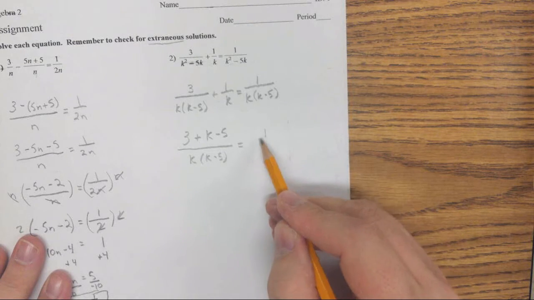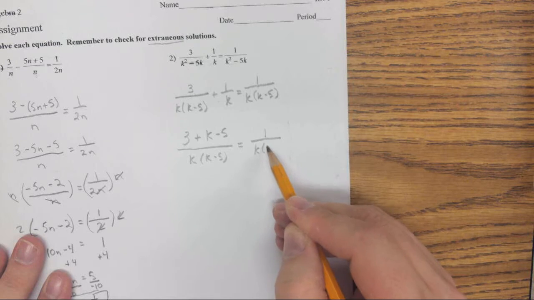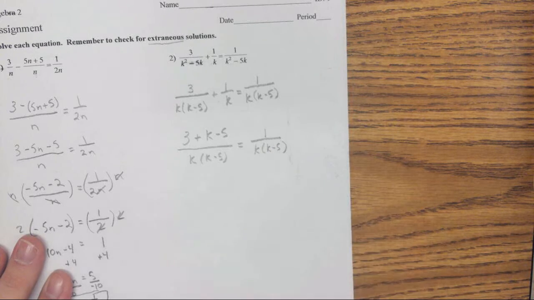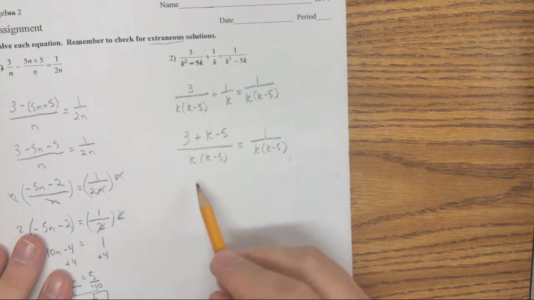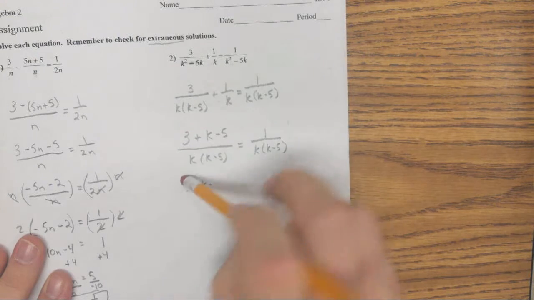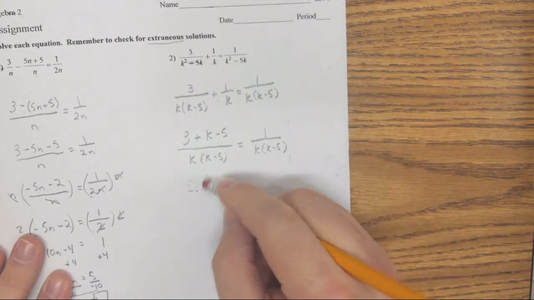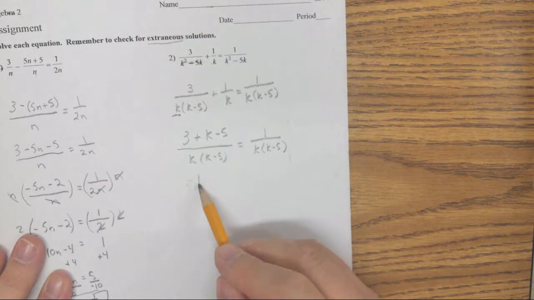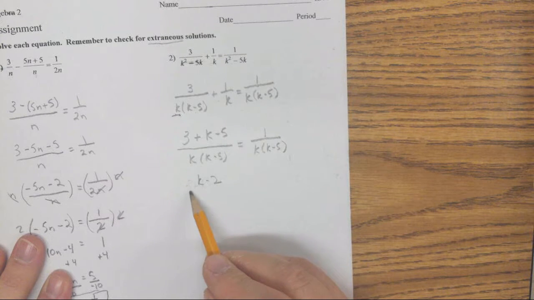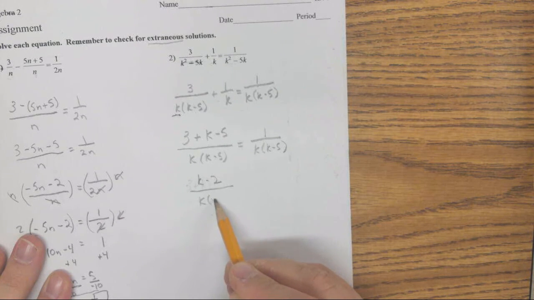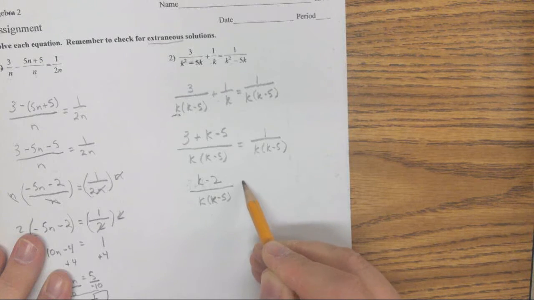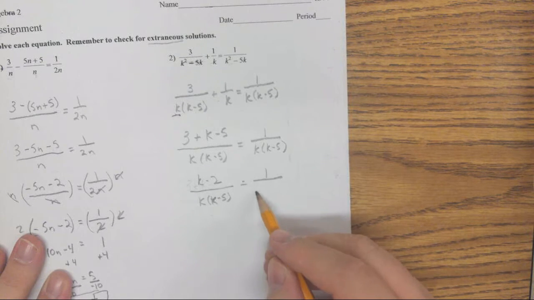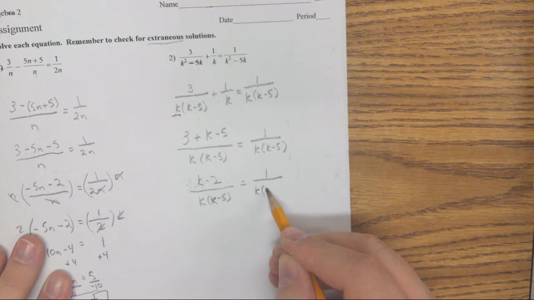This is equal to 1 over K times K minus 5. This will simplify a little bit more. 3 plus K minus 5 is K minus 2 over K times K minus 5 equals 1 over K times K minus 5.